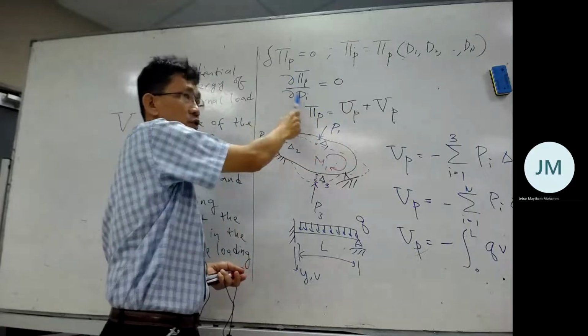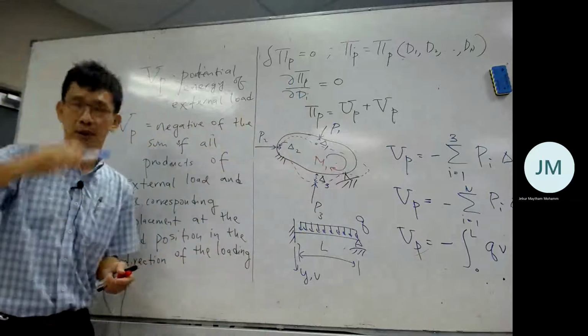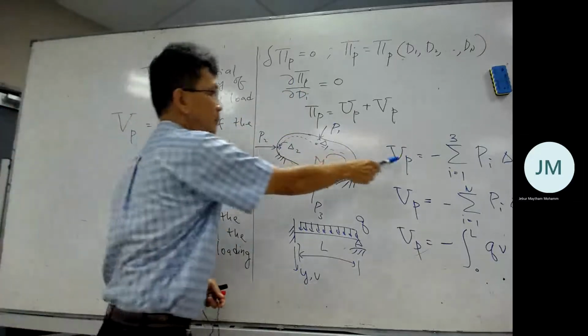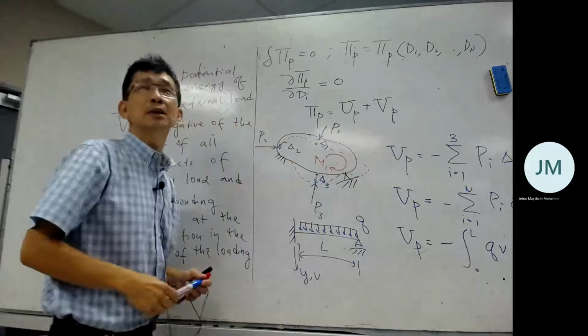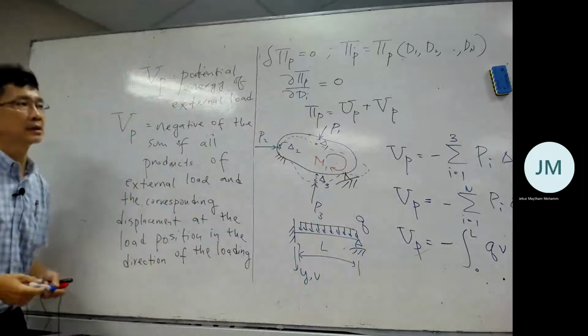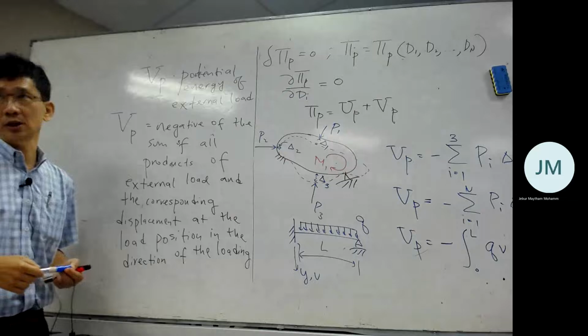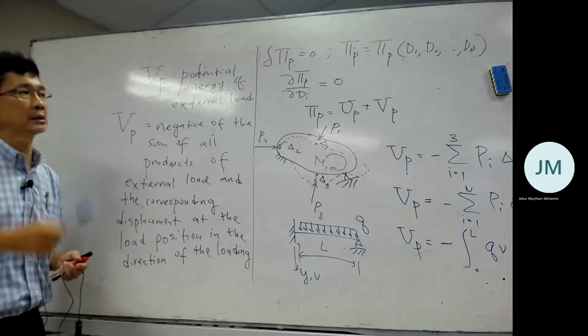Later we differentiate this with respect to the degrees of freedom one by one. So all this VP, UP will be functions of the degrees of freedom. Then we differentiate them partially, one by one.